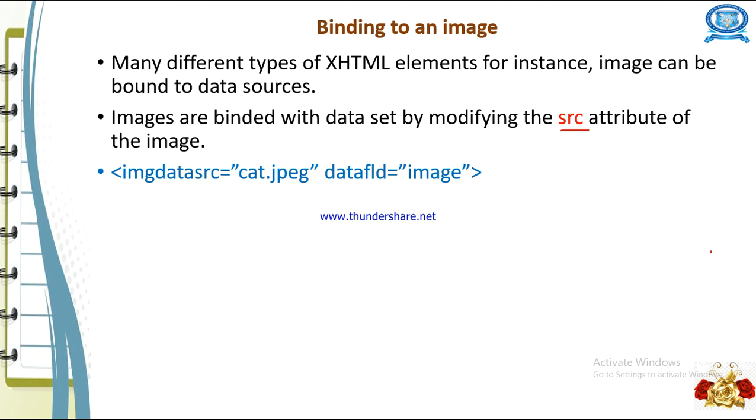For this, the general format is: IMG, image data, SRC equal to, that is, take the image from the file and data of the data SRC. It is the general format for this function.